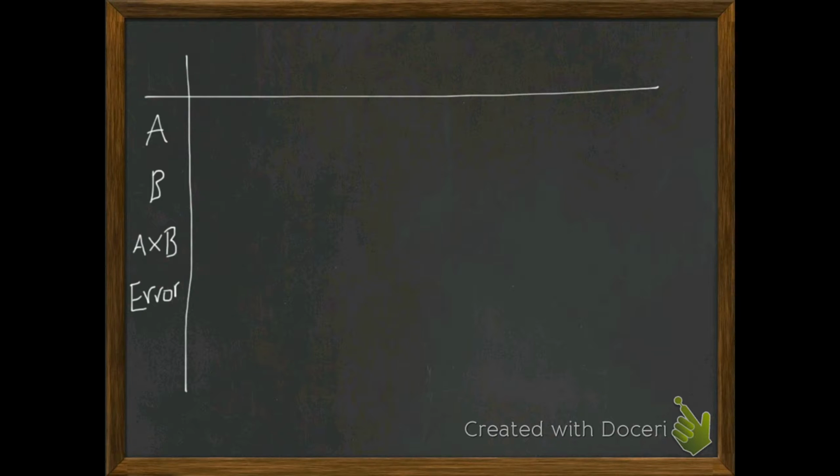All right, so we've got A, B, the interaction of A and B, and the error. When we get into the calculation for F, the test statistic, for A we would take the mean square for A divided by the mean square for the error.